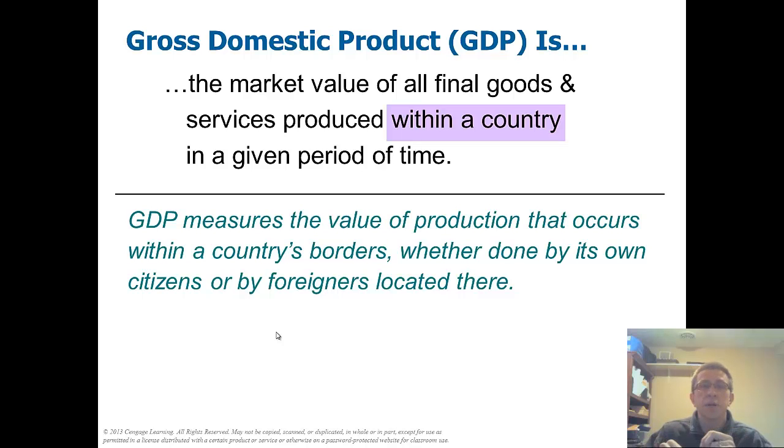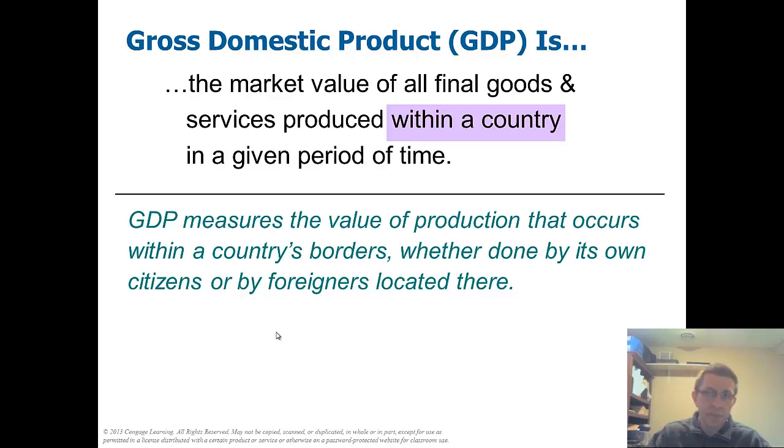This is different from what we used to use for our national income accounting, which was GNP, or Gross National Product. Gross National Product captured the value of all of the production by a country's citizens, whether those citizens were in the US or abroad. And if there were non-citizens in the US producing products, they wouldn't have been counted in gross national product.